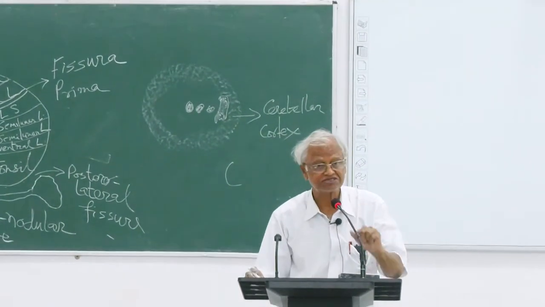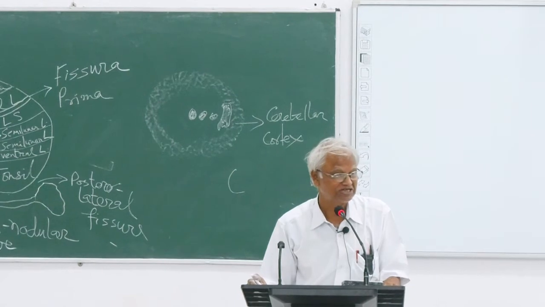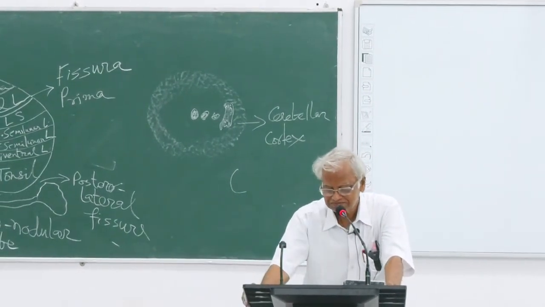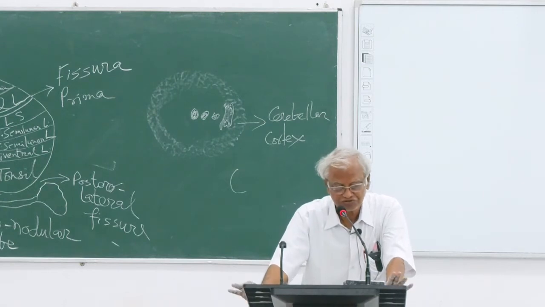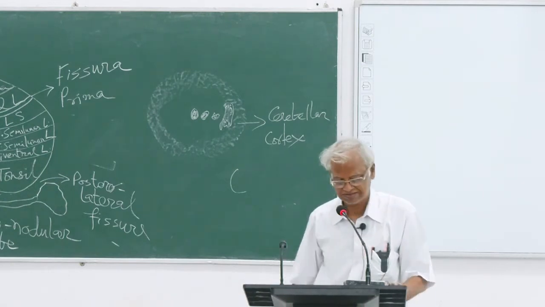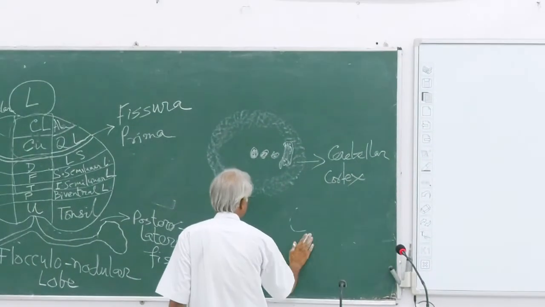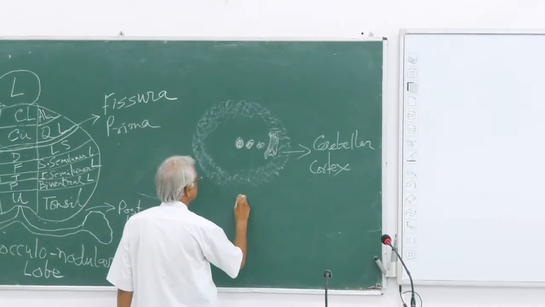In this lecture I started with the deep cerebellum, not with the cortex. There are four nuclei, from medial to lateral.